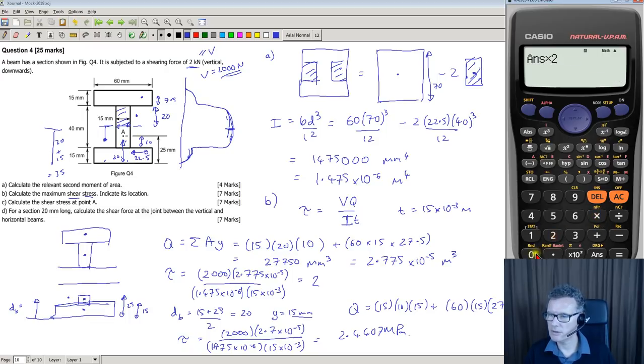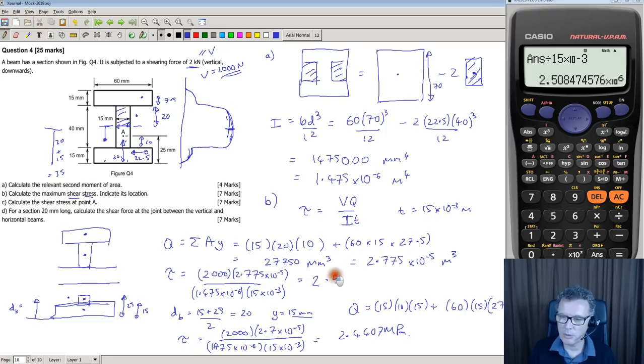Times by 2000, divided by 1.475 times 10 to the minus 6 divided by 15 to the minus 3. Okay, so that's 2.5085.